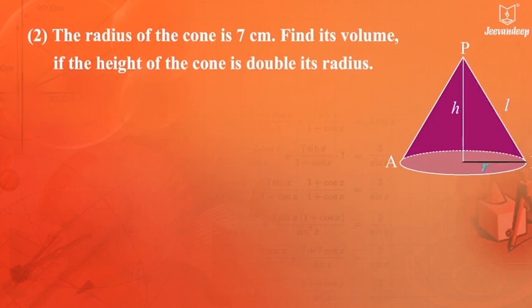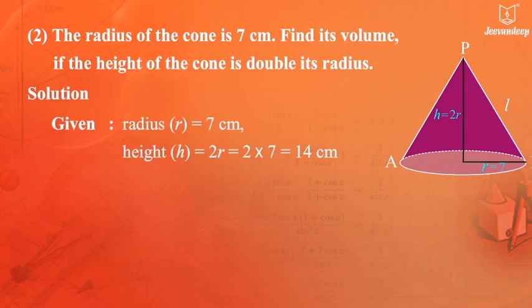2. The radius of the cone is 7 centimeters. Find its volume if the height of the cone is double its radius. Solution. Given radius r equals 7 centimeters, height h equals 2r, that is 2 multiplied by 7 or 14 centimeters.